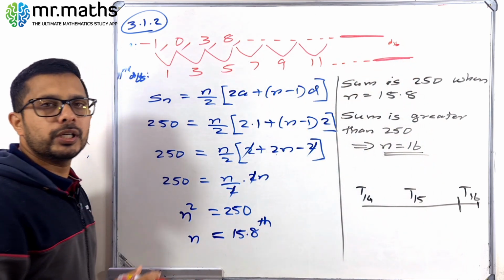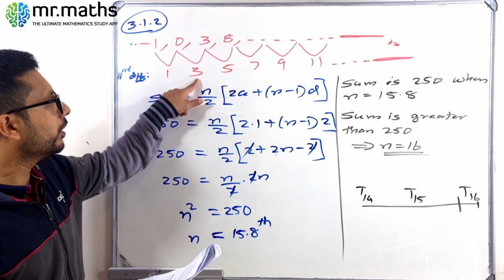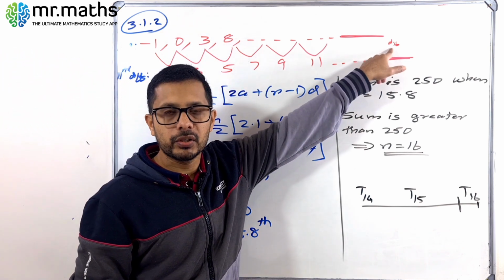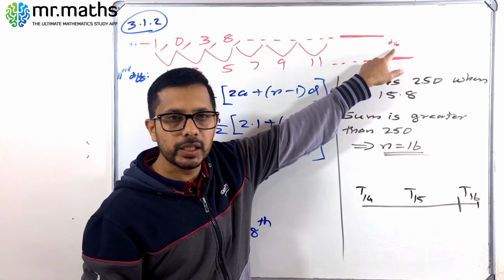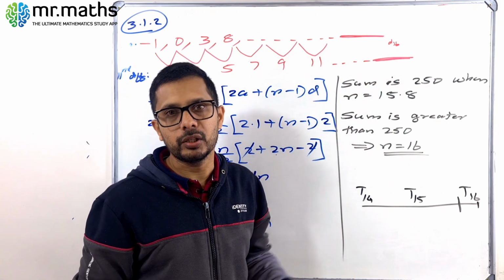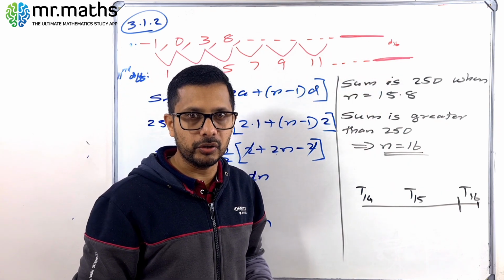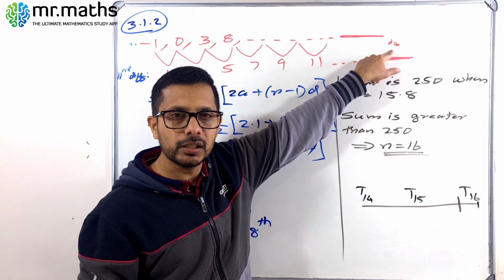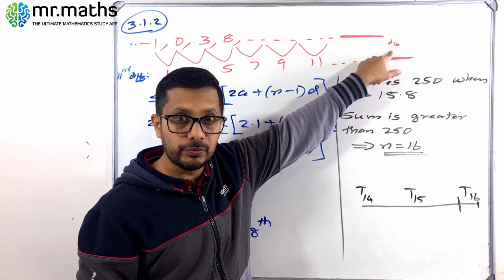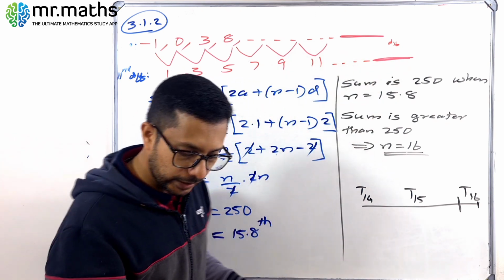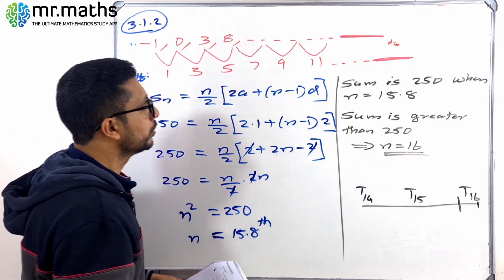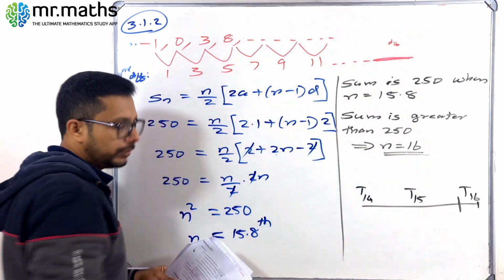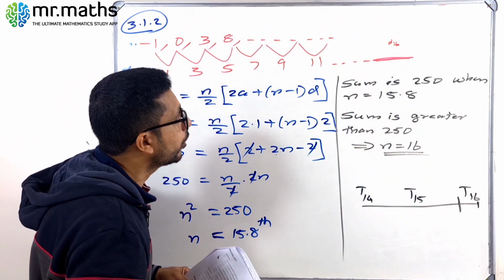Because it's a common difference, I call it D1, D2, D3, D4, D5, D6, etcetera, D16. So on the 16th term, the sum is greater than 250. Now again look at the question. What is the question, guys?